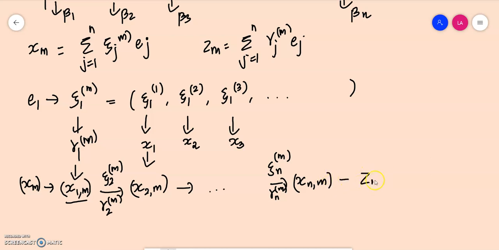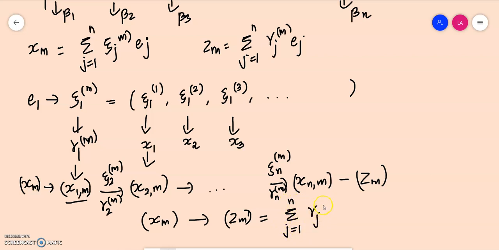We call this sequence z_m. So in general, if we proceed like this, we get a subsequence z_m of x_m, and z_m can be defined as summation j = 1 to n of eta_jm (or gamma_jm) e_j.